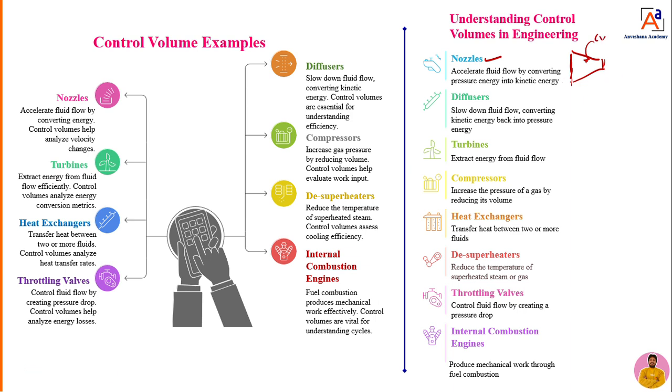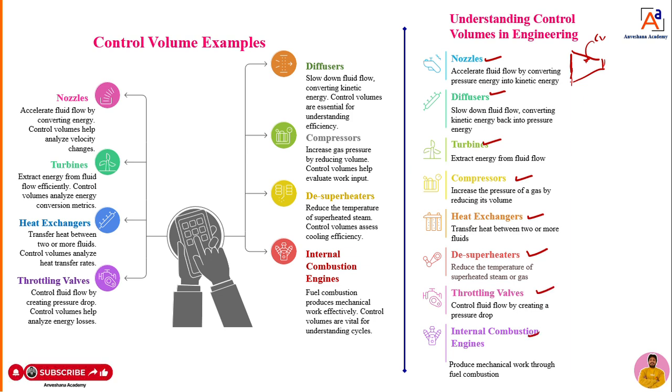With the help of the control volume, I can calculate velocity, pressure drop, heat transfer, mass transfer, everything. When it comes to the diffuser, it's the opposite of the nozzle. Here the nozzle is used to increase the kinetic energy, whereas the diffuser is used to decrease the kinetic energy and to increase the potential energy.